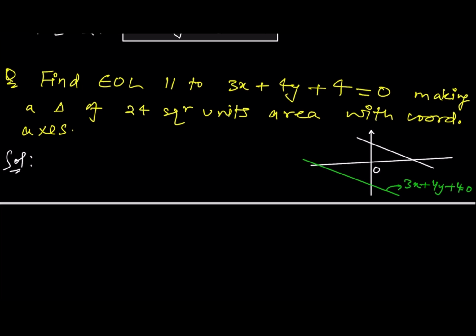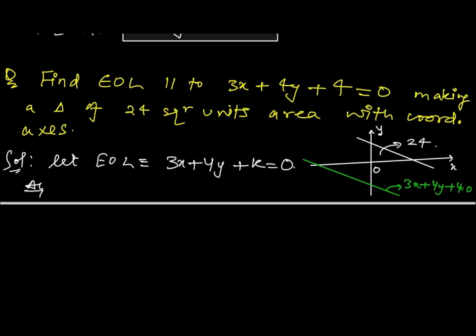So a line parallel to 3x plus 4y plus 4 is equal to 0 and making a triangle with the coordinate axes of 24 square units area. So let the equation of the line be 3x plus 4y plus k is equal to 0. Okay. Also delta is what? 24 square units. So delta is nothing but half base into height. So half base.